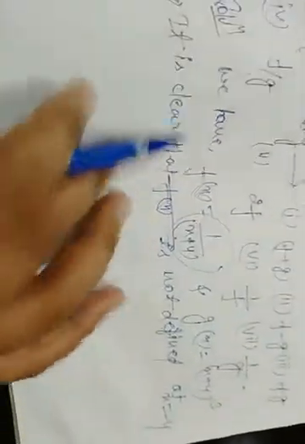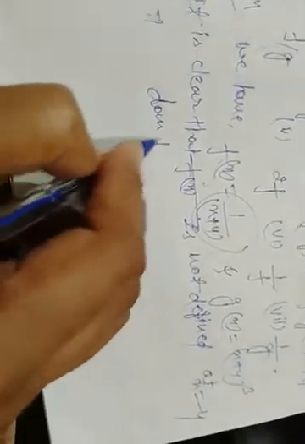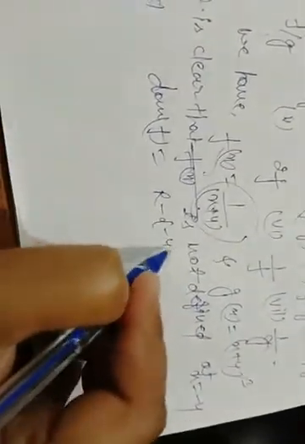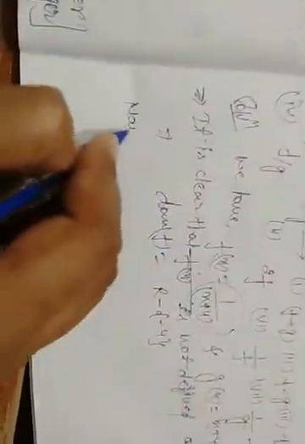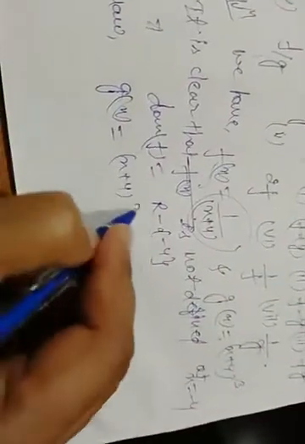So the domain of the function f is all real values minus 4. Now we observe the function g of x is equal to x plus 4 whole cube.